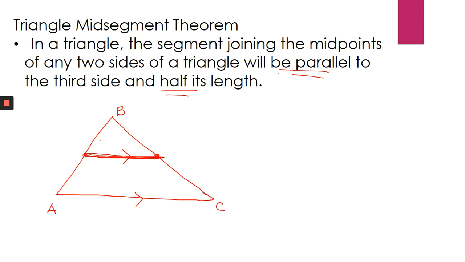Okay, so again, let's say in triangle ABC, point X is the midpoint of segment AB, and point Y is the midpoint of BC. Now if I connect these 2 points, we have a mid-segment. So this is what you call the mid-segment.